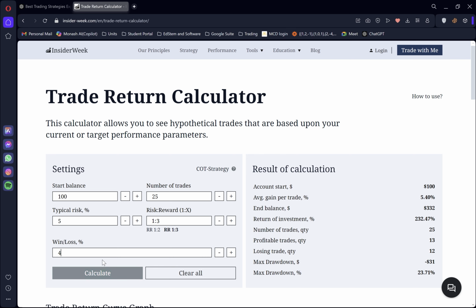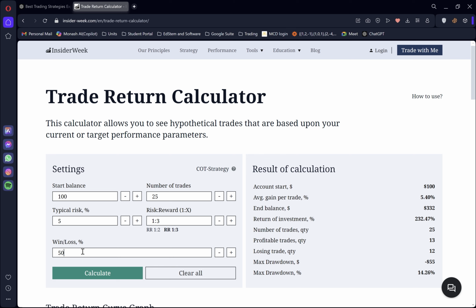And having about 42%, 45%, 46%, 47%, 48%, 49%, 50%. Okay, so I should only win at least 2 trades out of the 5 trades every single day, and that would get me to where I want.